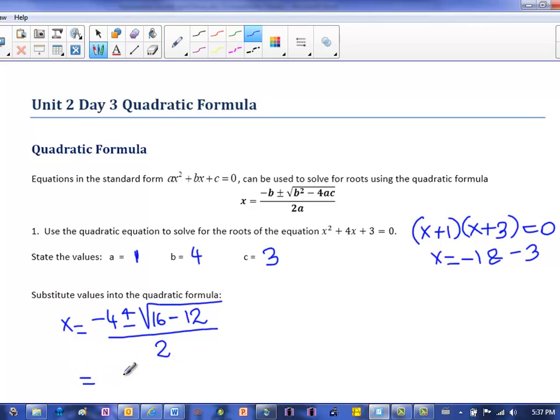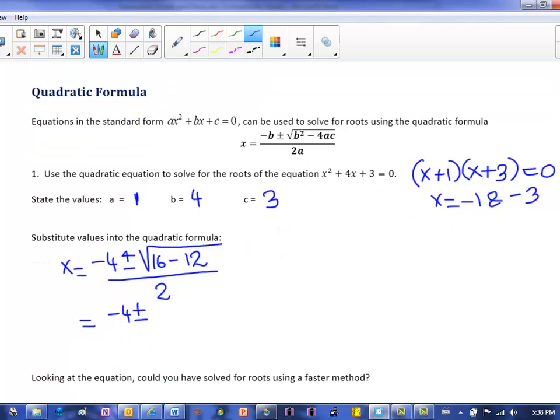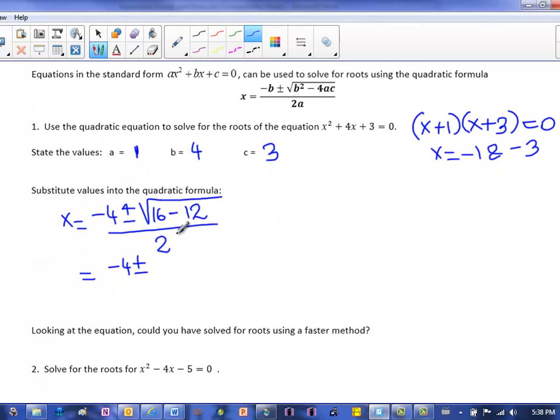So, continuing, we have negative 4 plus or minus, well, let's look at square root of 16 minus 12. Well, 16 minus 12 is 4, and square root of 4 is 2, over 2. And now we can separate into a positive branch and a negative branch, meaning that the positive branch will take into consideration the plus sign between negative 4 and 2.